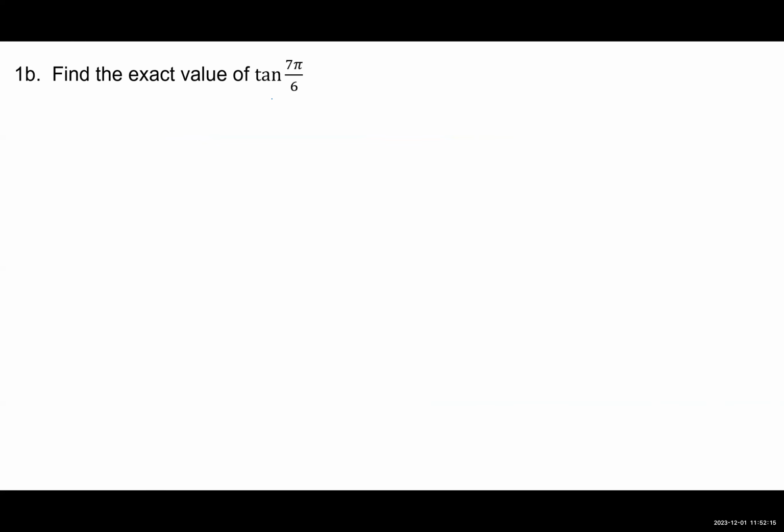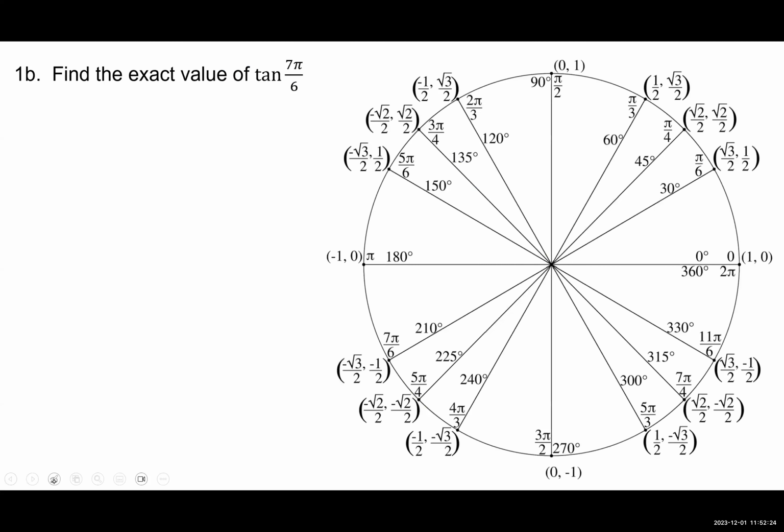One more, find the exact value of the tangent of 7 pi over 6. So again, to do this, we go to our unit circle. We look for the angle 7 pi over 6, so that puts us down here at this terminal point. And the tangent of an angle, so again, in this case, the angle is 7 pi over 6.